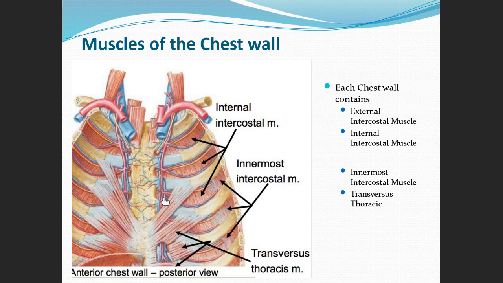They are going to go down longitudinally. You can even see them down over here. They'll give out different branches to make those intercostal arteries. Same here on the other side. So those are your internal thoracic or internal mammary arteries and veins.